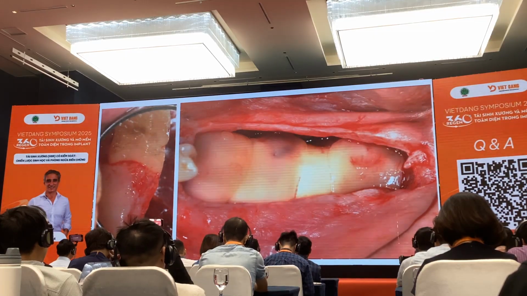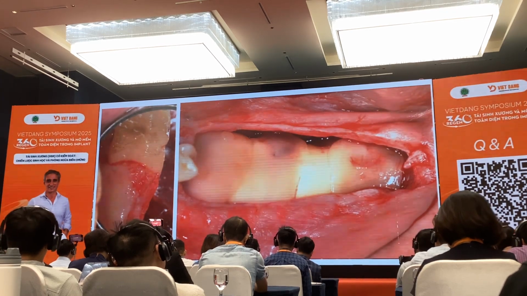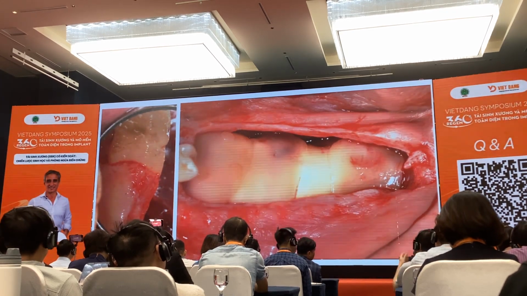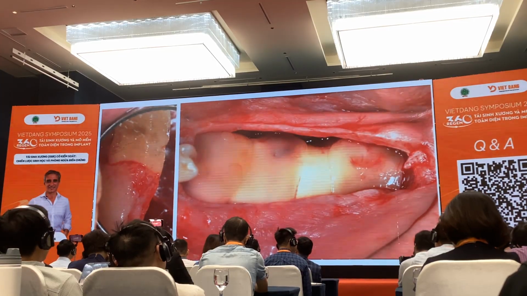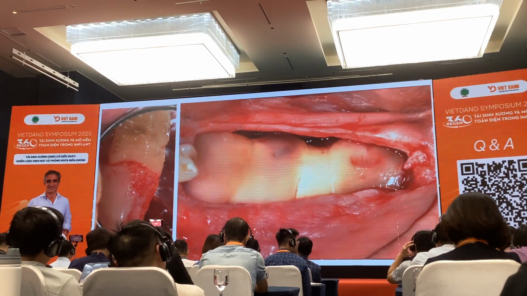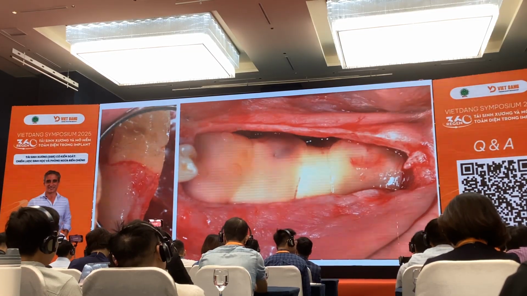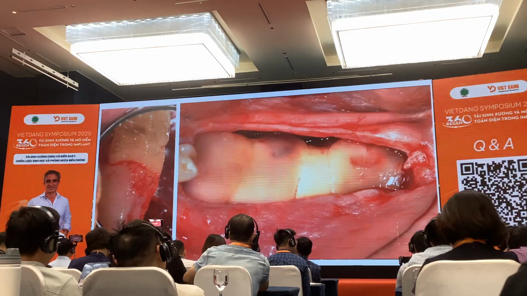But that periodontal attachment could be present with or without bone peak. Without bone peak, we had only connective tissue attachment. With the bone peak, we had connective tissue attachment and periosteum attachment.